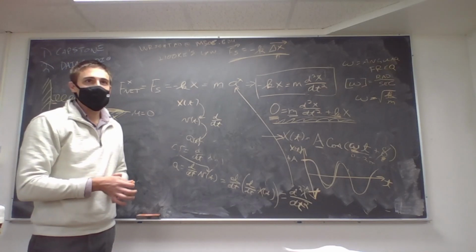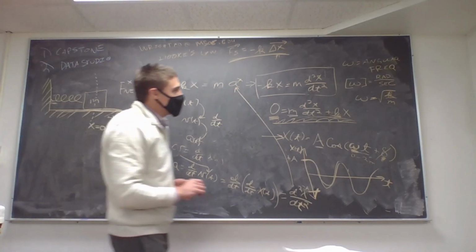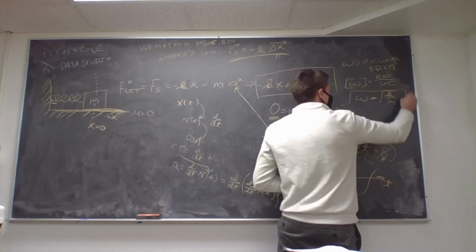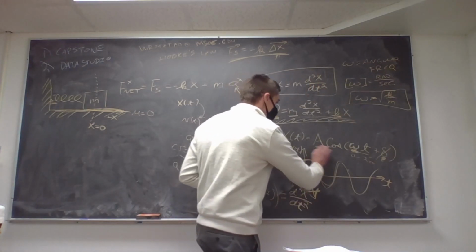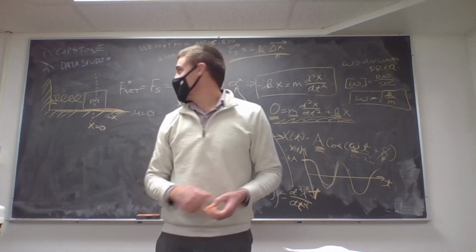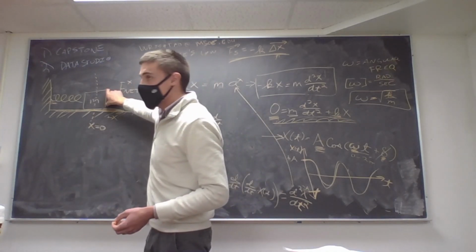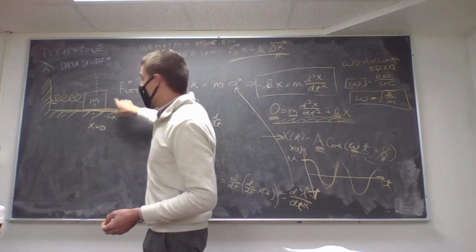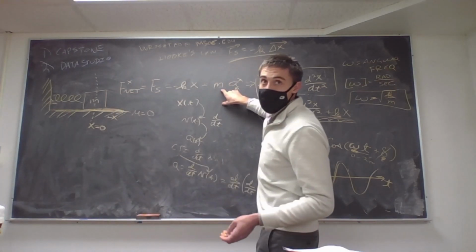One thing that's a little bit counterintuitive is that this omega here, it's root k over m, there's no dependence on A at all. So that means it doesn't matter if you take this block and stretch it out just a little bit, or if you take the block and stretch it out all the way over here.